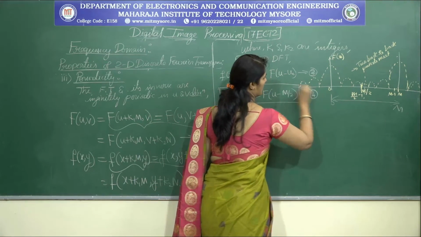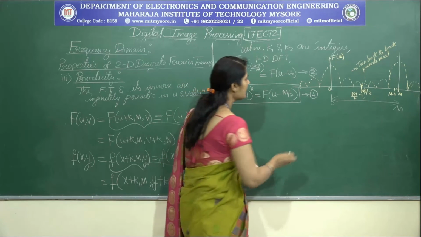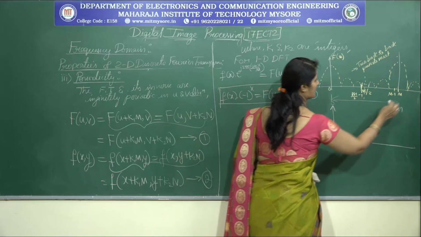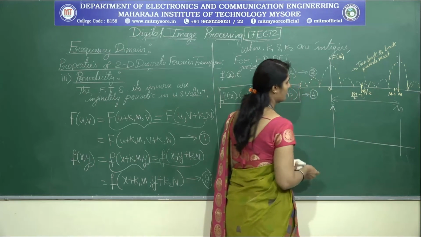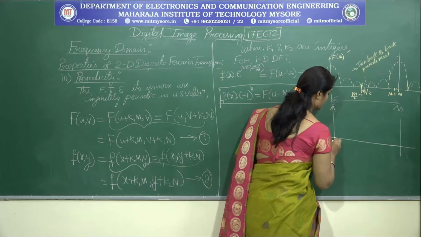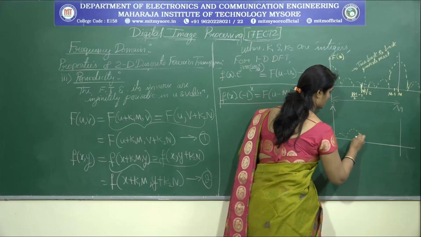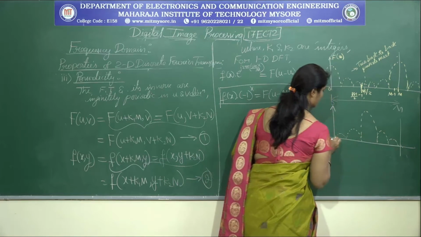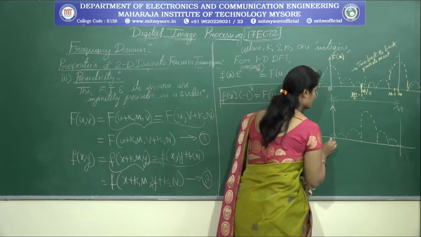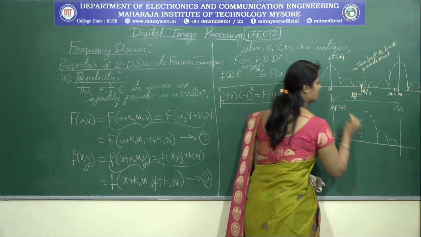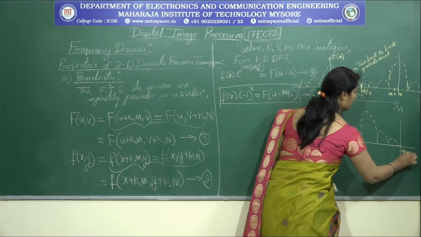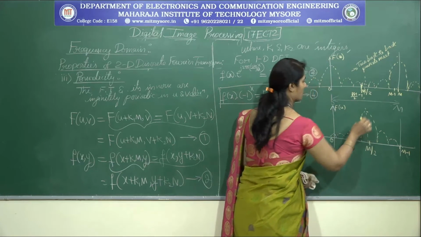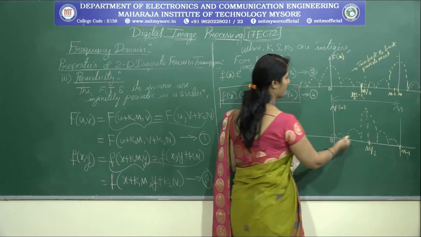I call this equation number 4. The resultant signal is like this: 0, M minus 1, M by 2, shifted by M by 2.